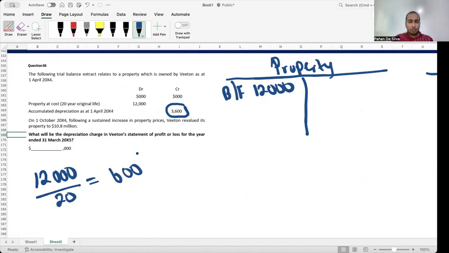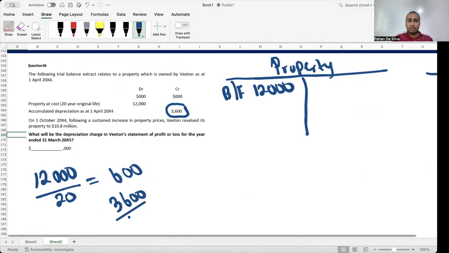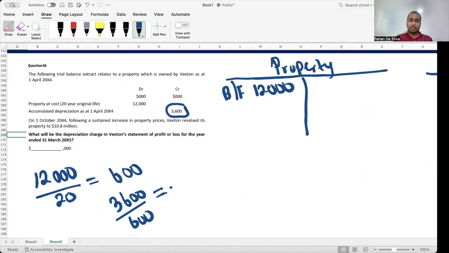Annually we are charging only 600, so 3,600 divided by 600 means it is 6 years. By 1st April 2014, we have used this asset for a period of 6 years. Please keep it in mind.